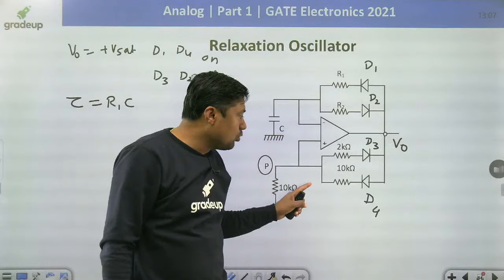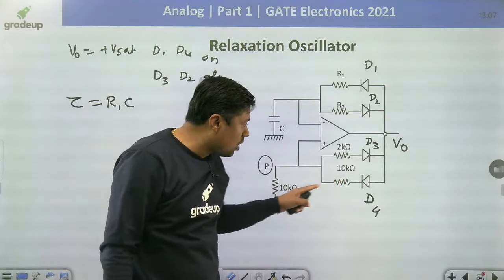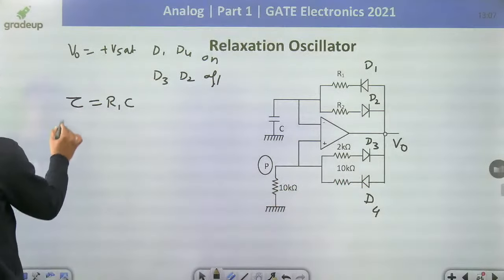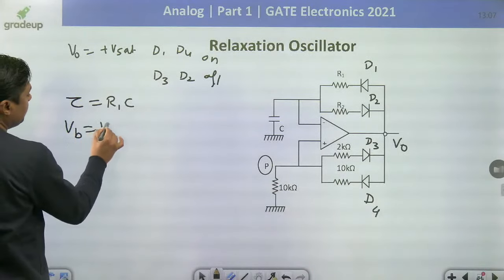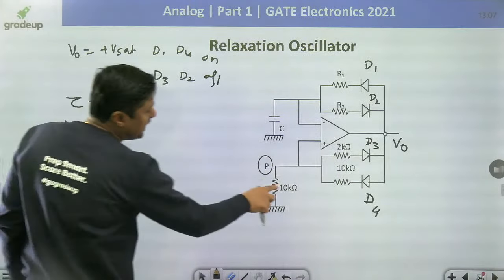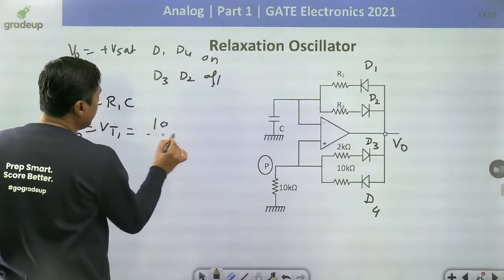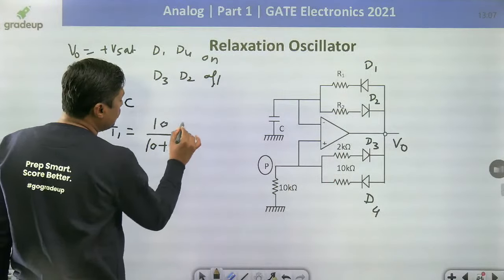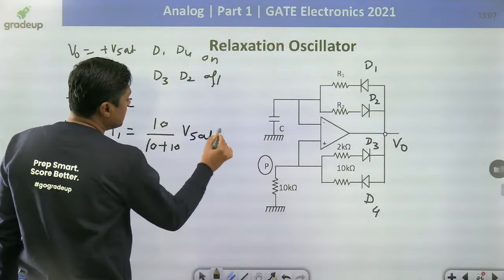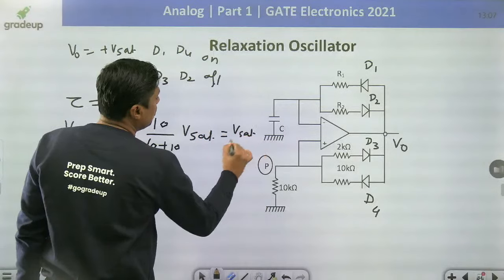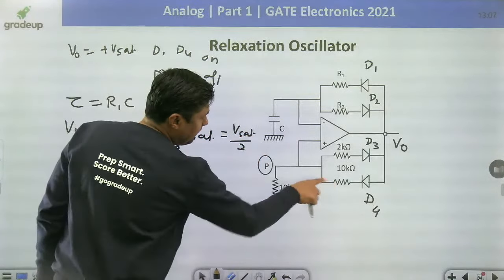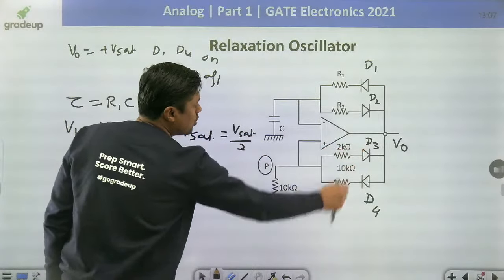And what is the threshold voltage? This diode is on, and that's why the threshold voltage Vt1 is equal to 10 divided by 10 plus 10, into Vset, that is Vset by 2. Always remember this value. The other 10 is out because this diode is off.